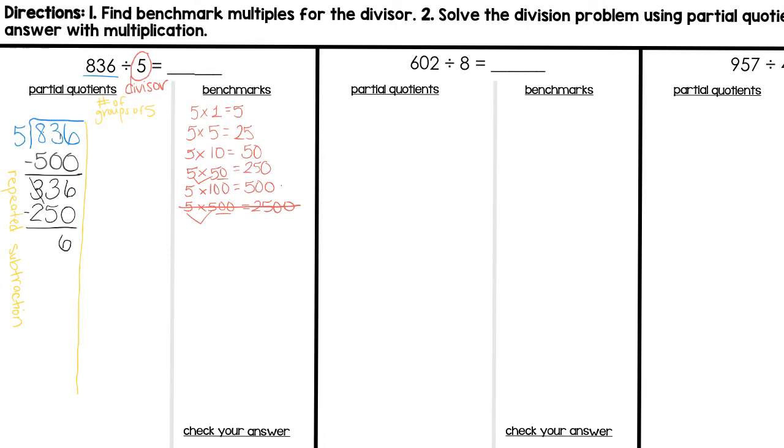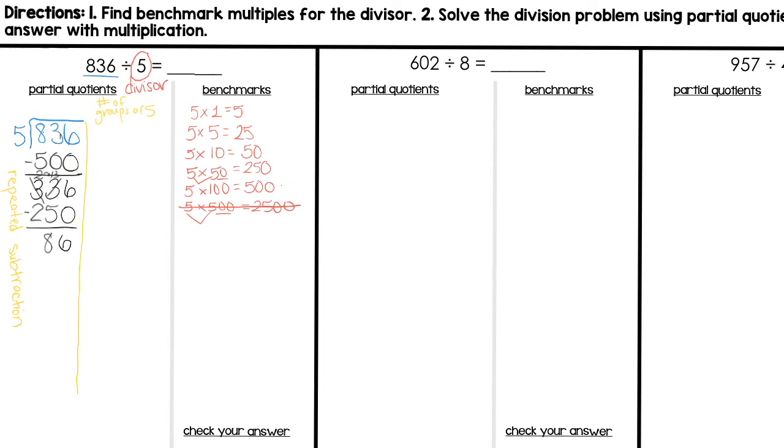I'm going to regroup my 3 into 200s and then give 10 more over here, so I have 13. 13 minus 5 is 8, and 2 minus 2 is nothing. So now I have 86 left after I've taken away 500 and 250.